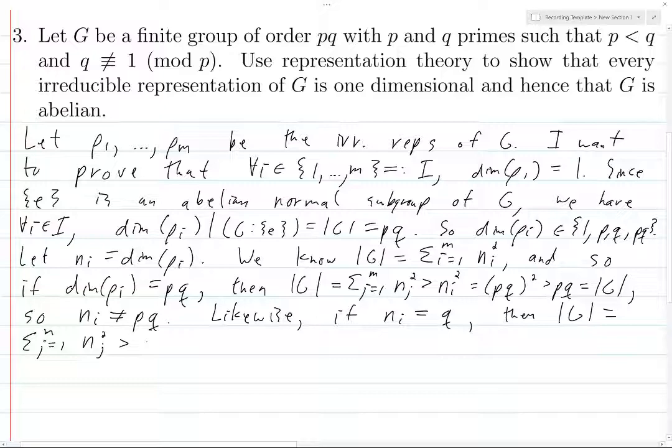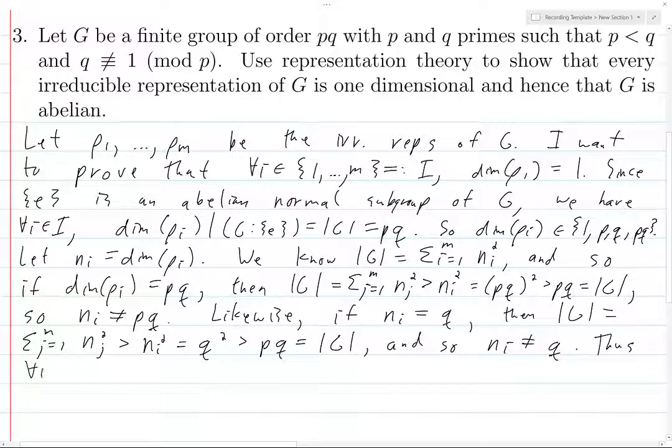Do we change anything in this computation? No, we don't. This is Q squared, and Q is greater than P, so this is going to be greater than PQ, which is just the order of G. And so Ni is not equal to Q. Thus, for all i in I, we know that Ni is either going to be 1 or P.